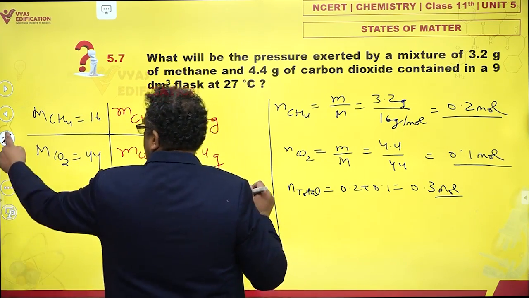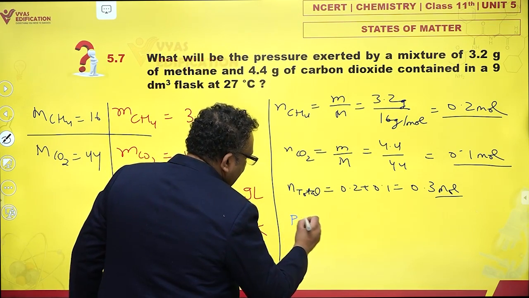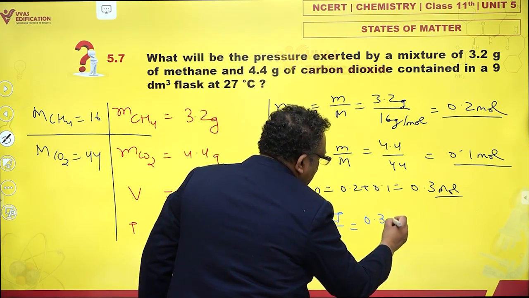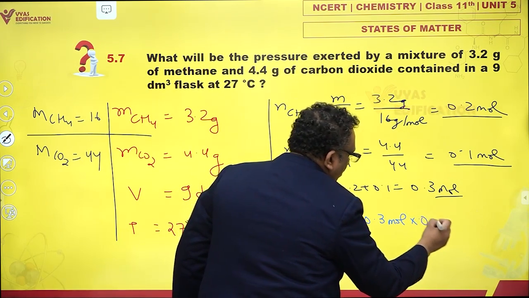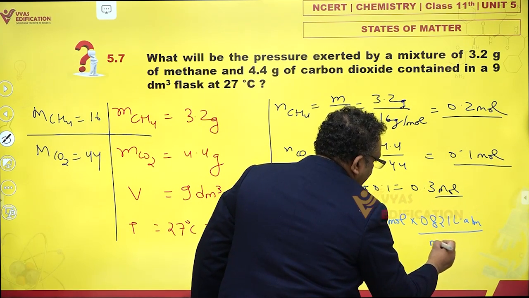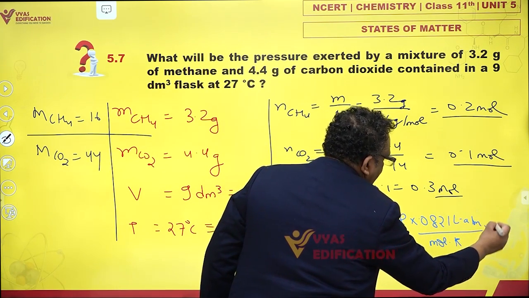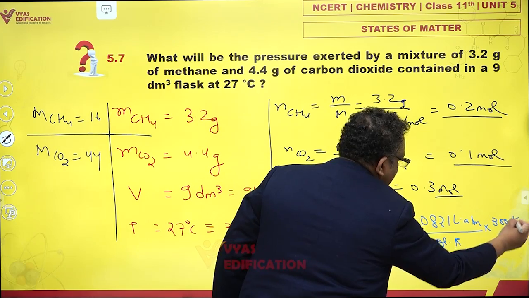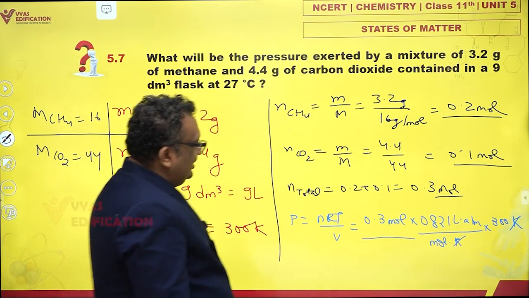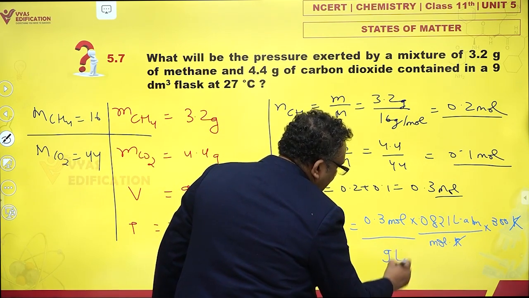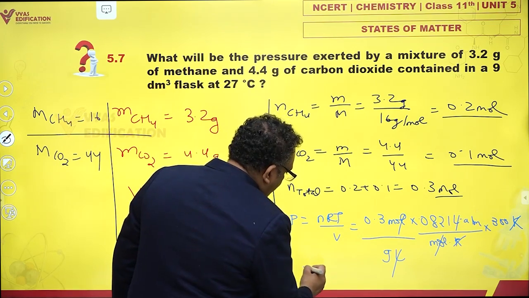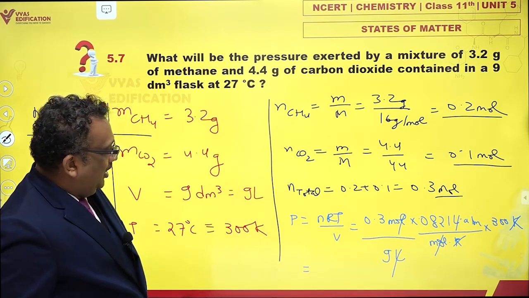Now the next step would be, P is nRT by V, which is 0.3 moles of gas into 0.0821 liter atmosphere per mole Kelvin into 300 Kelvin, that is the temperature, divided by volume. And how much is volume? That is 9 liters. Liters cancel away. Moles cancel away. I would obtain the answer in atmospheres. How much is that?